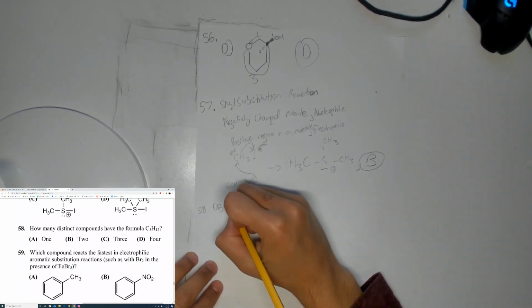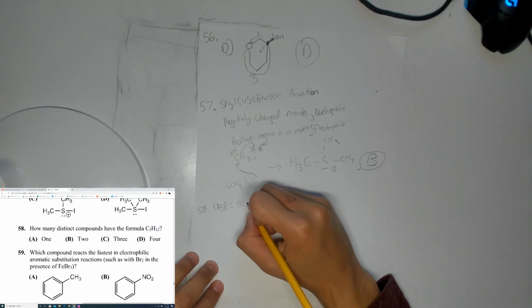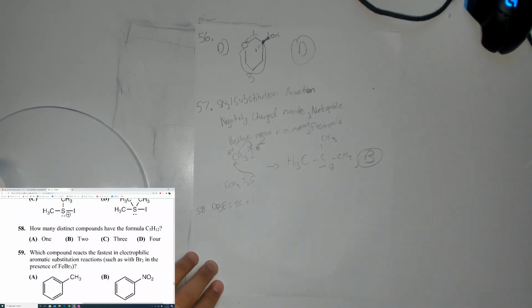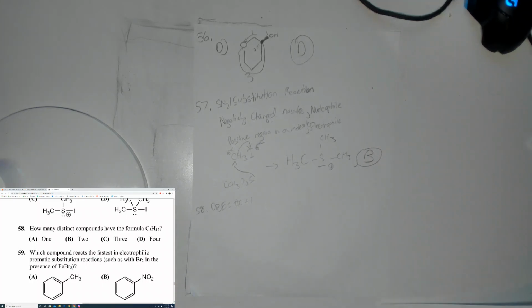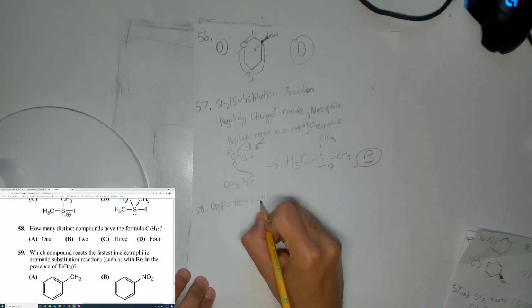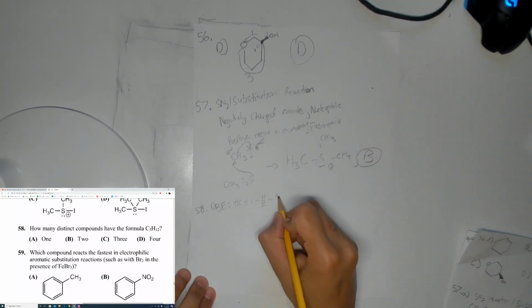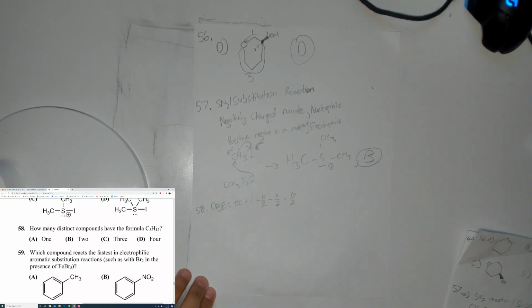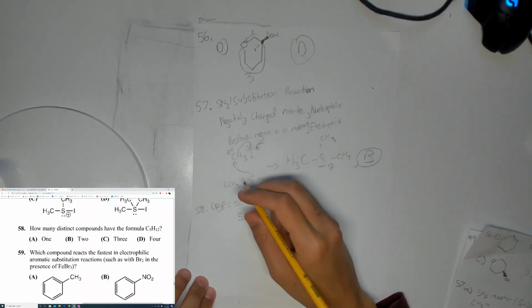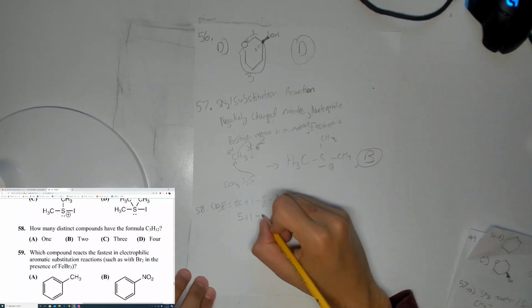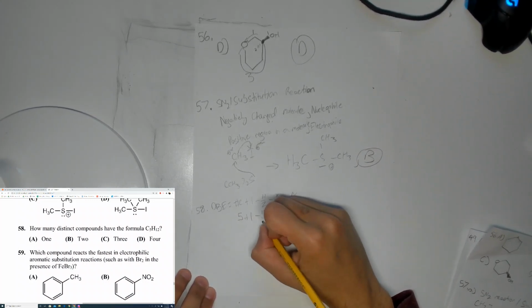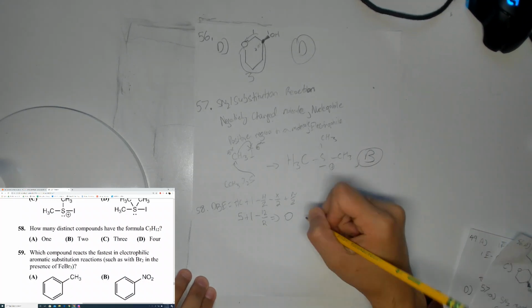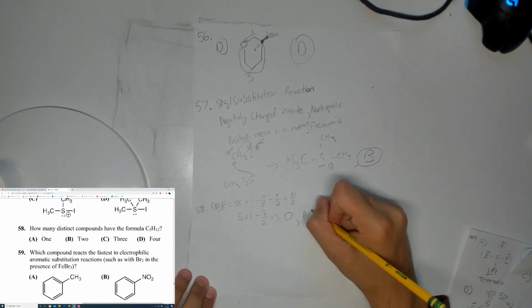So double bond equivalency means the number of carbon atoms plus 1, minus H over 2, minus halogens over 2, plus nitrogens over 2, right? So there is 5 carbon atoms plus 1, minus 12 hydrogen atoms divided by 2, and that equals 0.